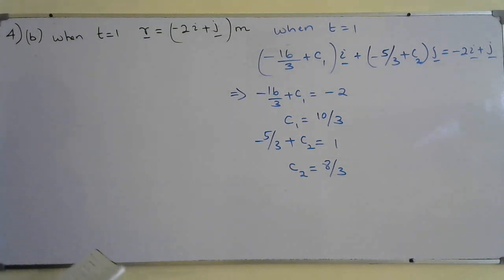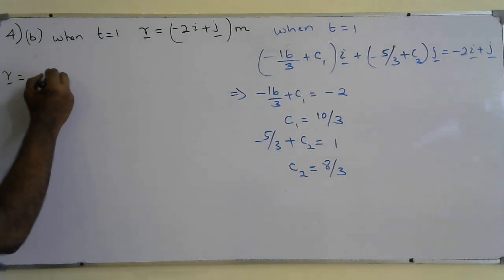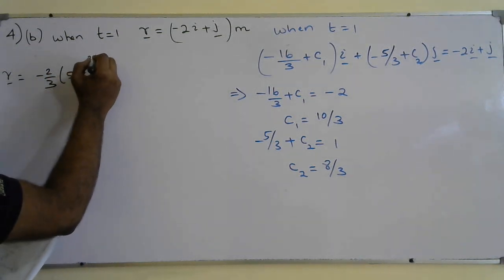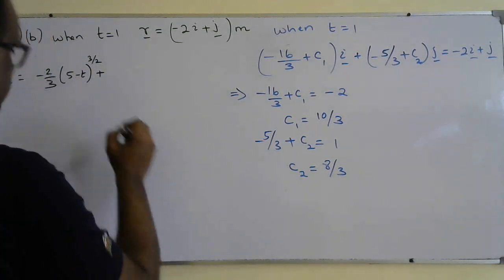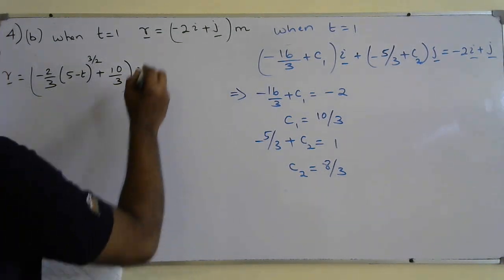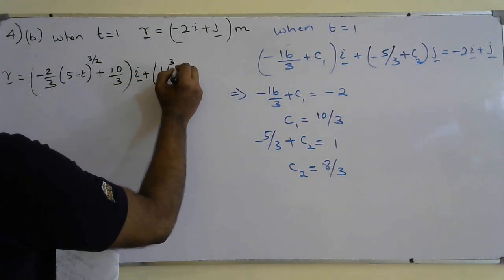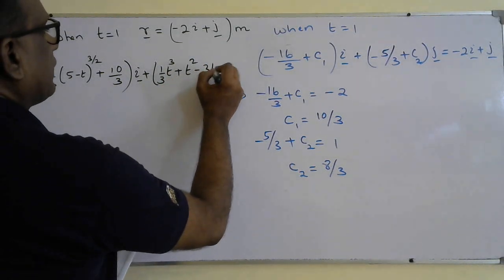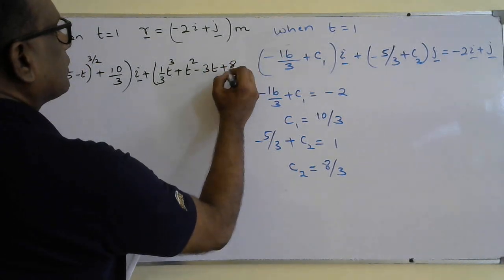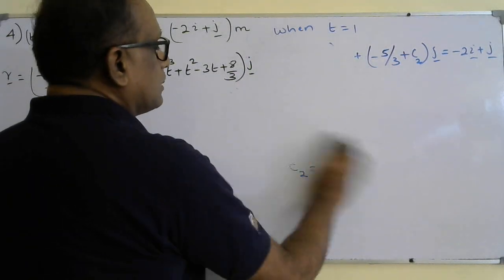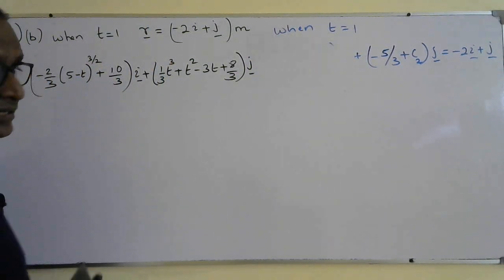So the general equation for R is given by R is equal to minus 2 by 3, 5 minus t, 3 by 2, plus C1, 10 by 3, i plus 1 over 3, t cube, plus t squared, minus 3t, plus C2, that is 8 by 3, j. So this is the general equation for position vector at time t.